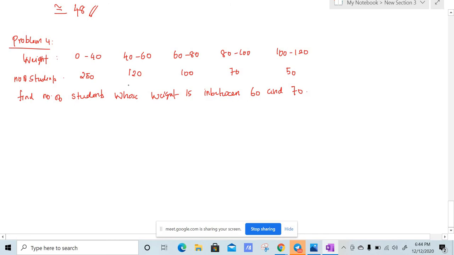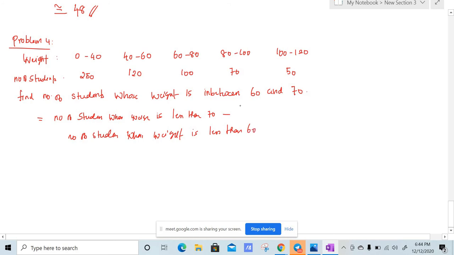So for that we need to find the number of students whose weight is in between 60 and 70, which is equal to the number of students whose weight is less than 70 minus the number of students whose weight is less than 60.